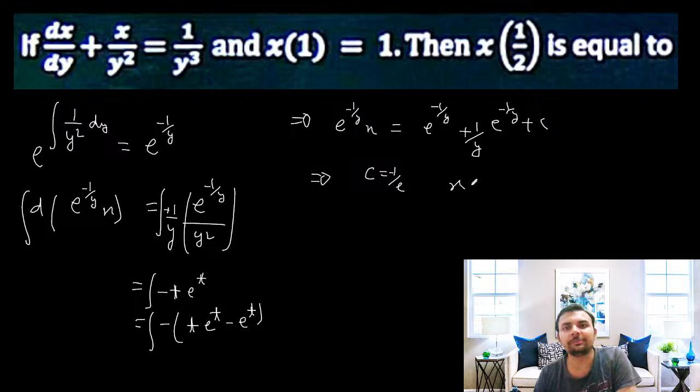So we got x equal to 1 plus 1 by y minus e to the power 1 by y. If we put x equal to 1 by 2, x 1 by 2 is nothing but 3 minus e square.